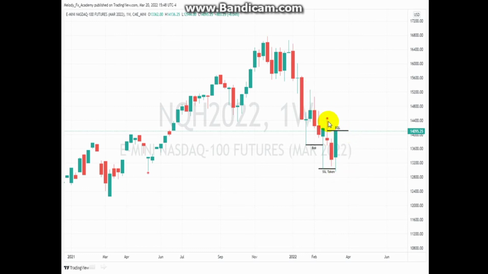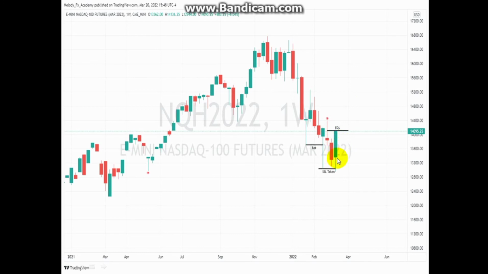Once price trades above this old high, we might likely see price continue going higher, because once price trades above this old high we start pulling out quickly. That is like a break of market structure, and we might start seeing some actual bullishness on E-mini Nasdaq futures.